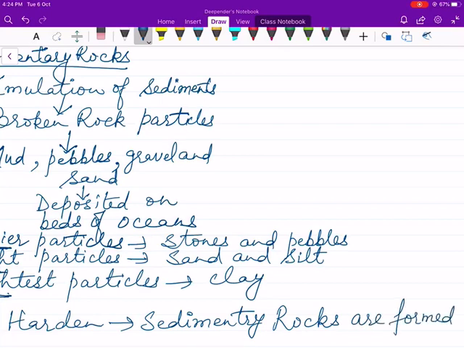So students, this is how the sedimentary rocks formation takes place.